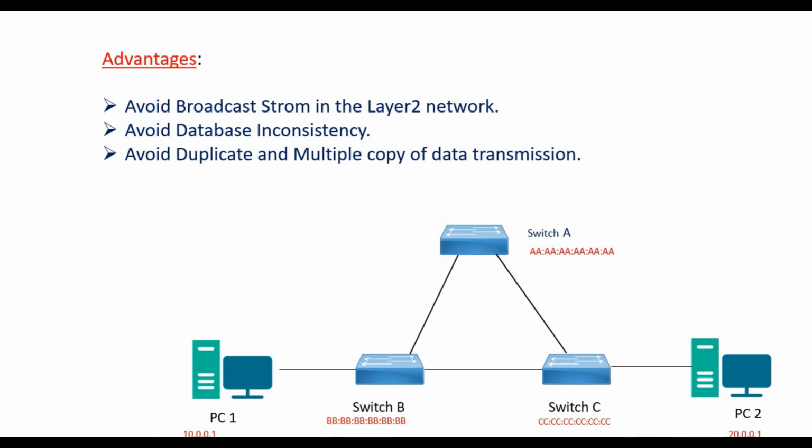Say for example, once STP is enabled, STP may disable this port or this port, so that if PC1 wants to communicate with PC2, it may go via switch B, switch C, and PC2, because either this port or this port should be down, right? So this is the main advantage of using STP.